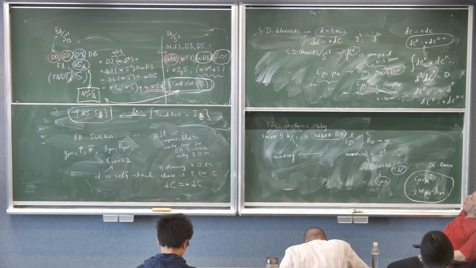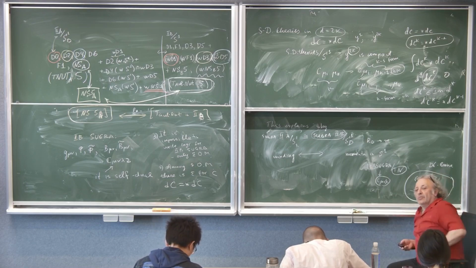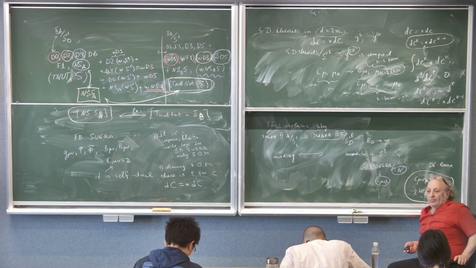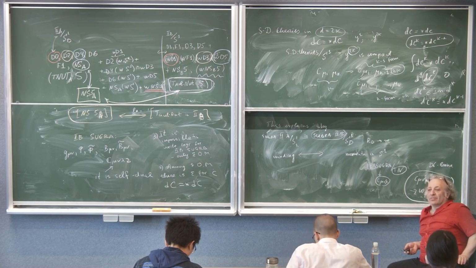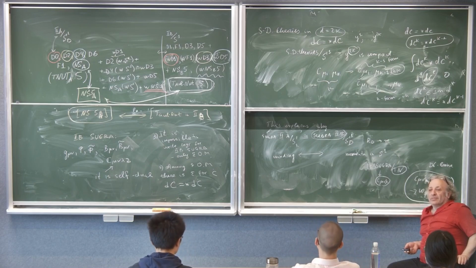So how do people play with this M5 brane? They take the M5 brane and then they wrap it around something. And when they wrap it around something, you are getting something.